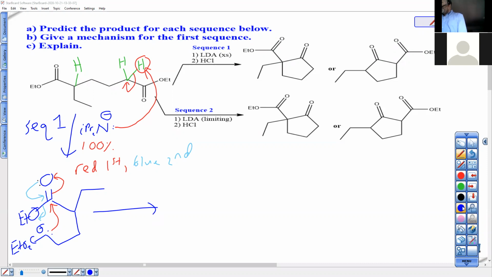Flip the molecule over so you visualize the second product better. There's a ketone right there. There's your ethyl. And the CO2Et's here. Oh, wait. This could be an example where we are done, right?